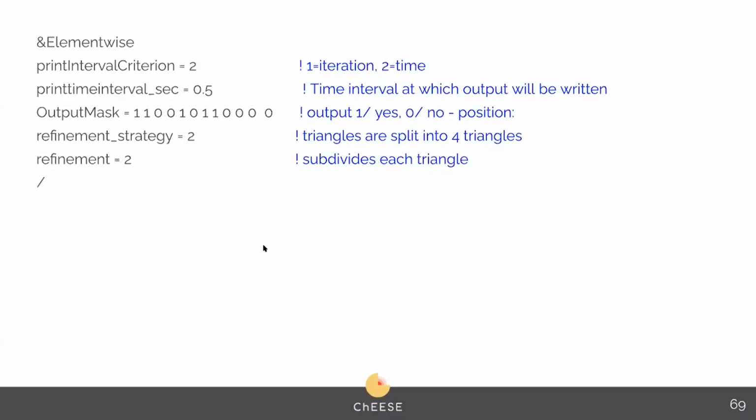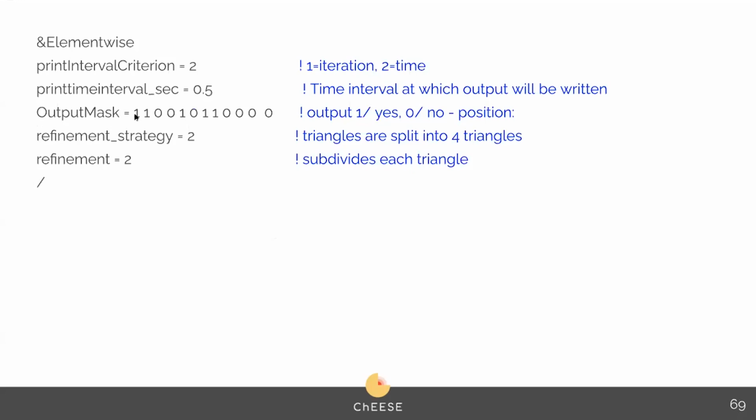And we are interested in the physics on the fault, for example the traction, the velocity, the rupture velocity, the slip rate. So here, with this output mask, we can customize which variables we want to output and which variables we don't need.